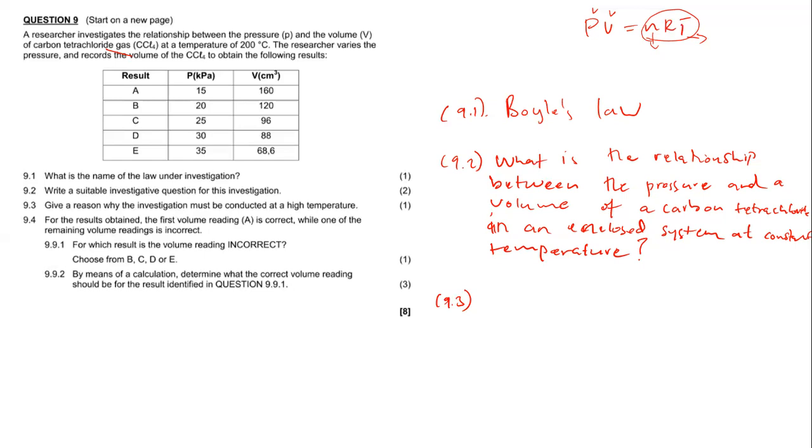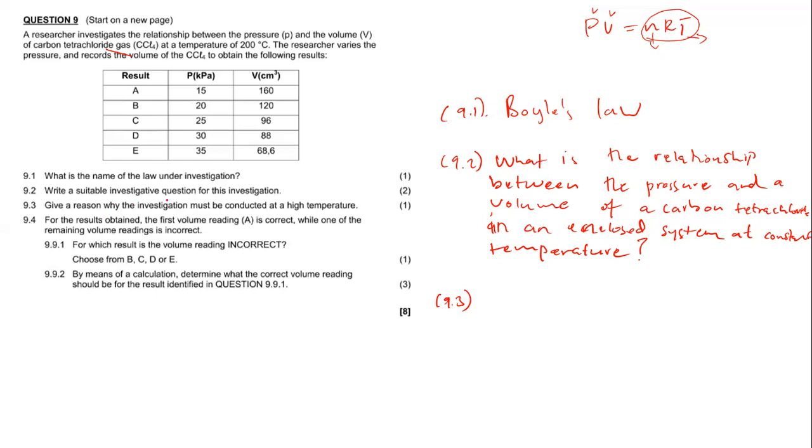But when we drop the temperature, what will happen to the gaseous molecules? They will condense to form water. So we don't want to investigate the relationship of pressure and volume of water. We want to investigate the relationship between pressure and volume of a gas. So for us to keep the molecules in the gaseous state, we need to work with high temperatures.